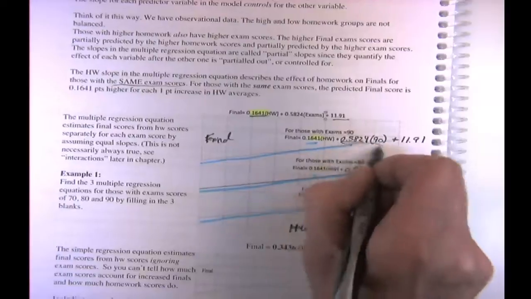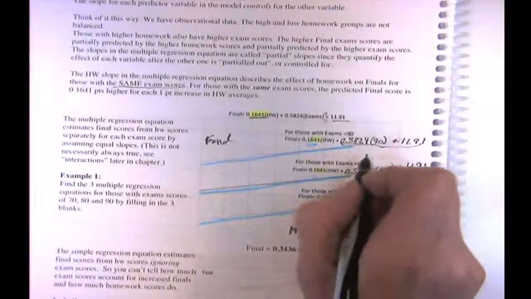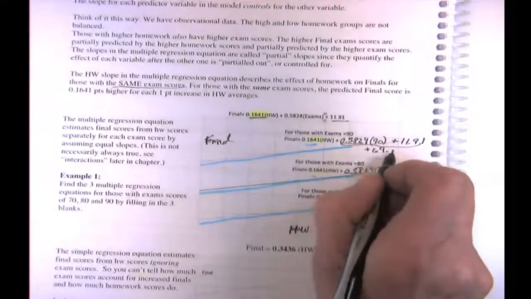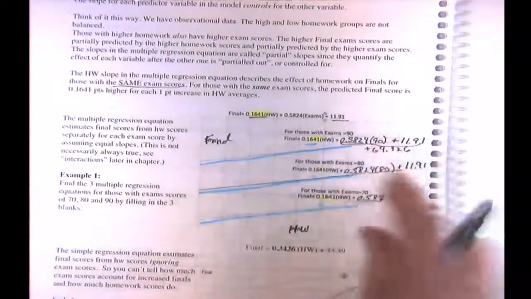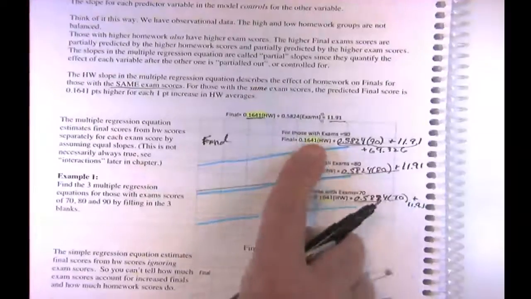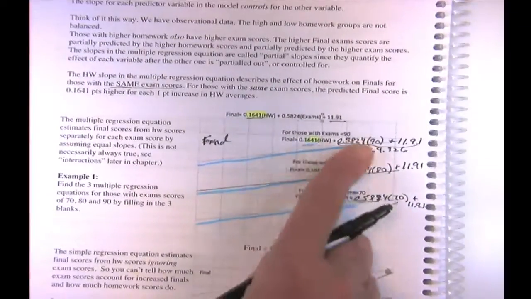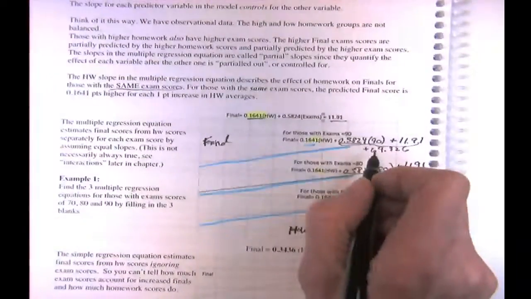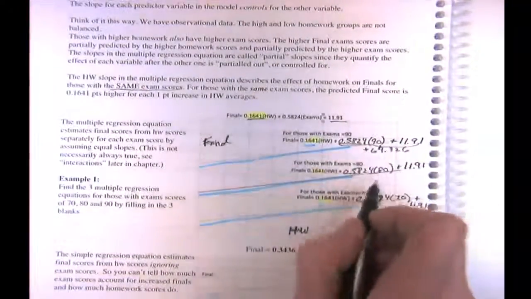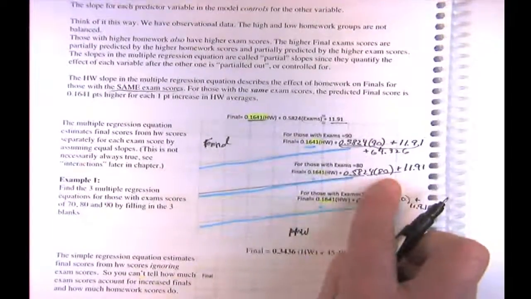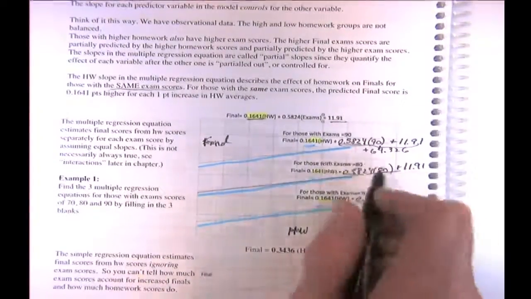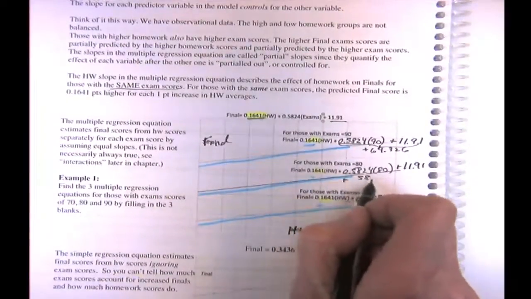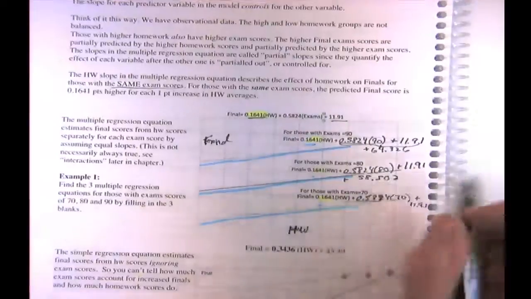If you add these two together, all that together, this is going to be the intercept, plus 64.326. So if they didn't do any homework, people with a 90 would still have a 64.326. That's our best guess. If they didn't do any homework, but they only had an average of 80 on the exams, then it would be 58.502.